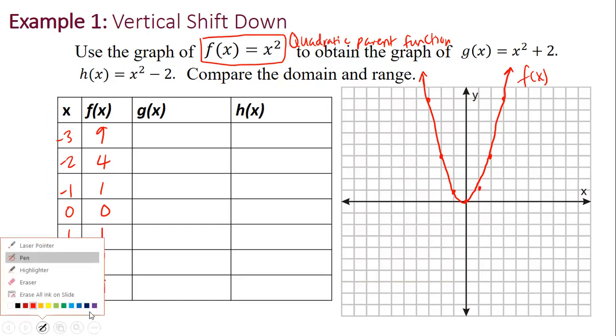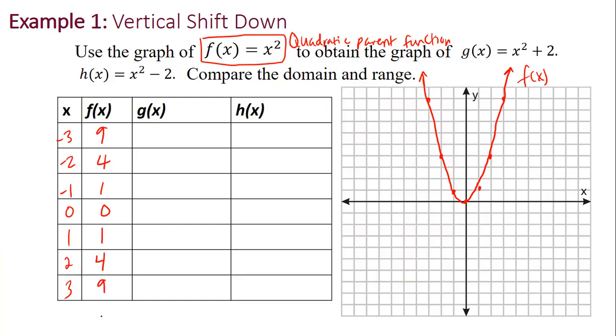All right. Now I'm going to switch colors. If you have another color, or you can share colors at your table or switch to a pen or whatever you're going to do. Now we're going to talk about g of x. So g of x is x squared plus 2. What did we say if I'm adding to the function?